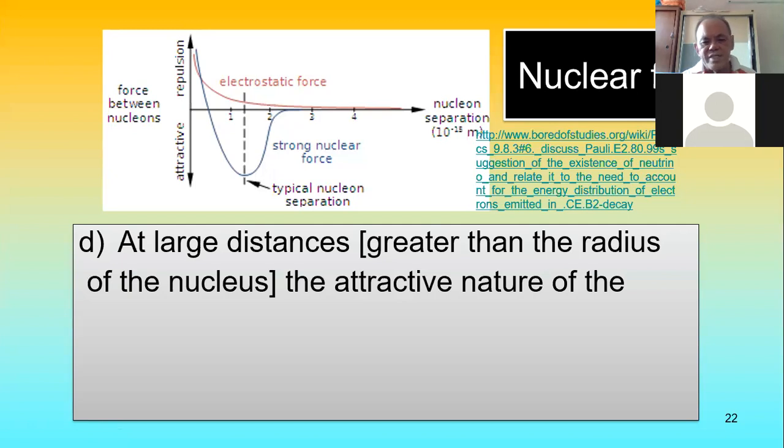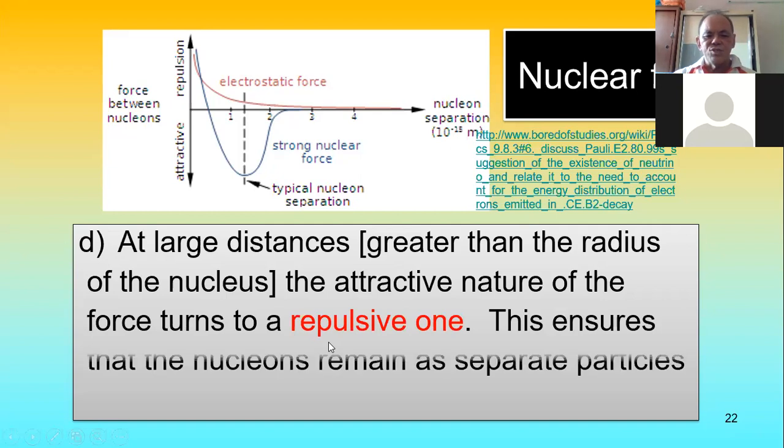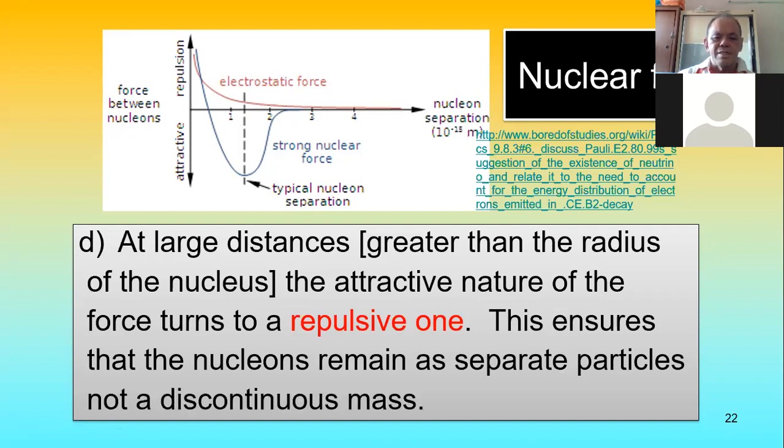At distances greater than the radius, the attractive nature of the force turns to repulsive, and only the electrostatic force applies. This ensures that the nucleons remain as separate particles, not a continuous mass.